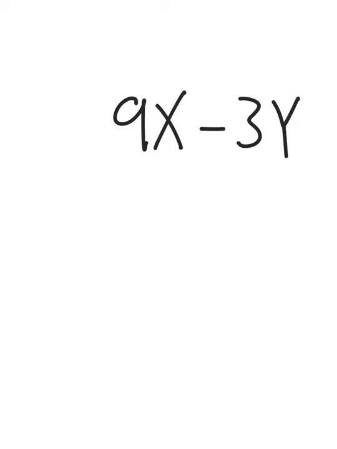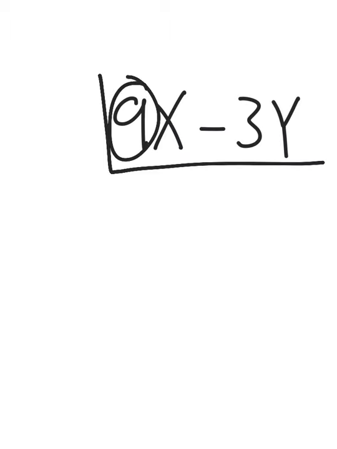Here's the second example. And in this one, we have 2 different variables, but we still have something in common. Using the ladder method, we're going to pull out what they have in common. And what they have in common is these numbers right here. They both have a multiple that can go into both.